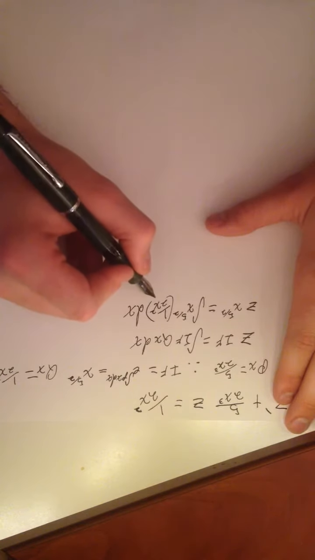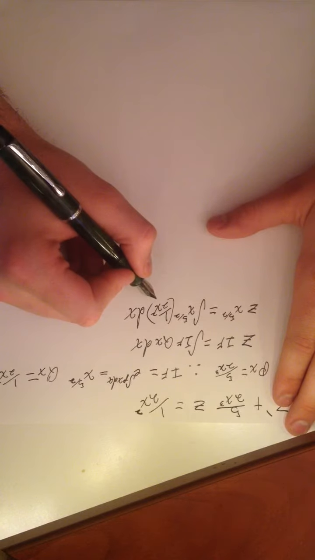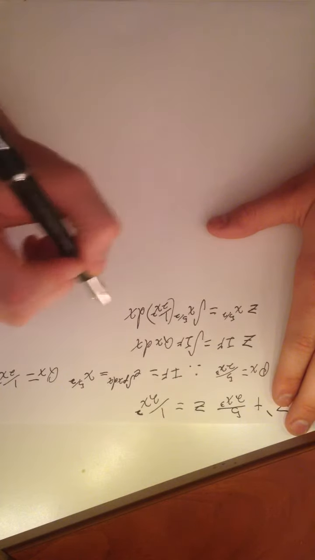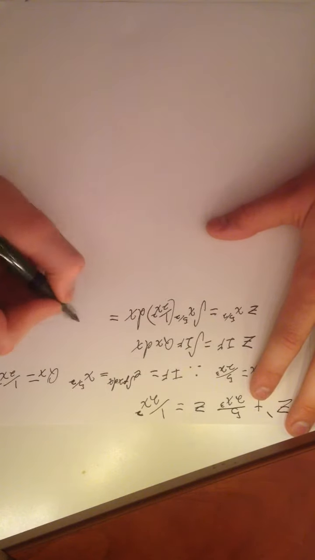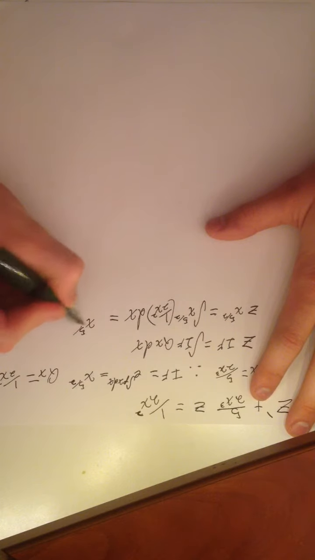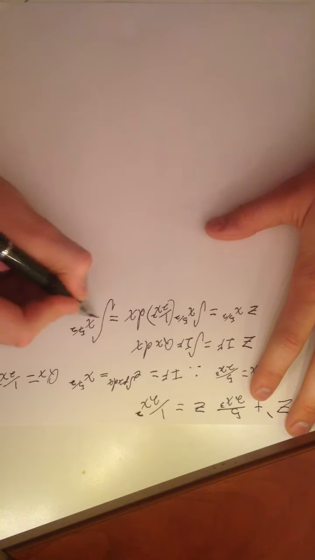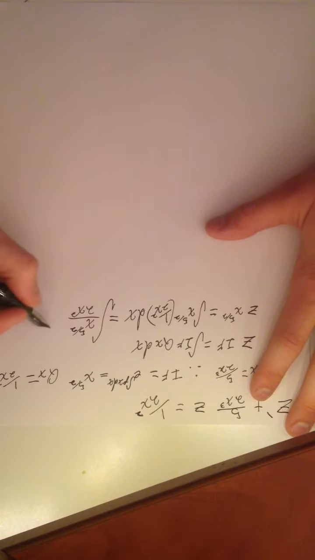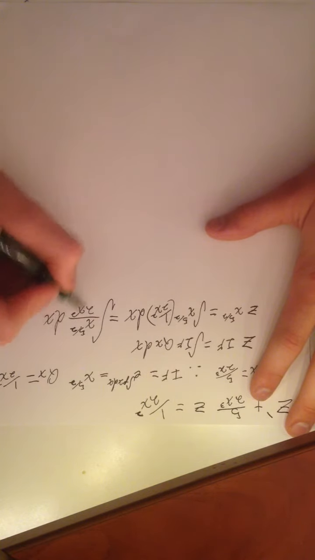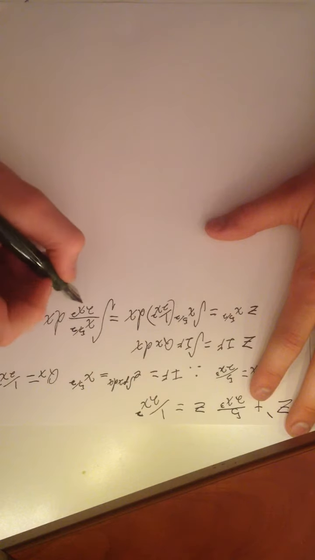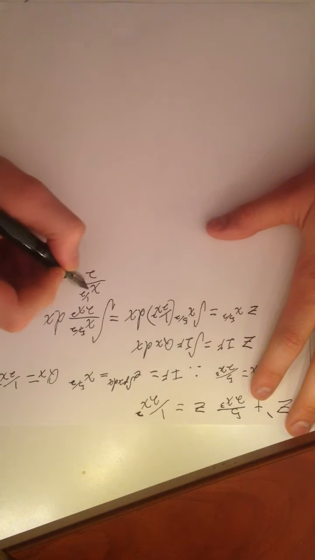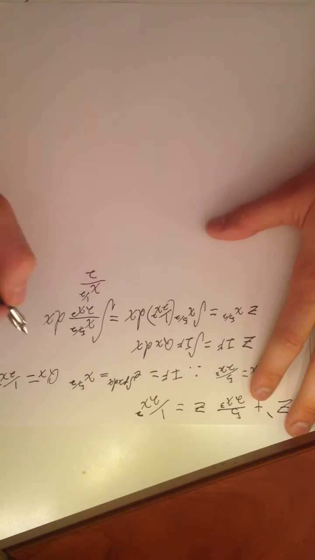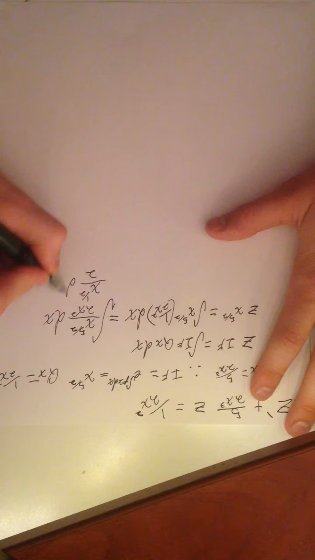Writing this out, this will be equal to the integral of x to the 5 halves power over 2x squared dx. Rewriting it, you can see that it will become x to the 1/2 power over 2 dx.